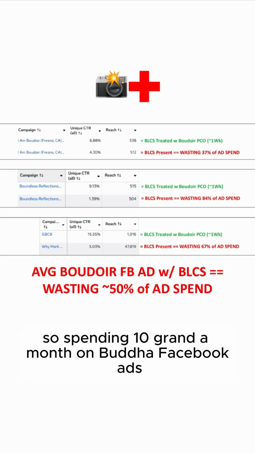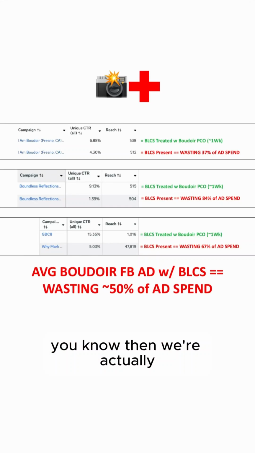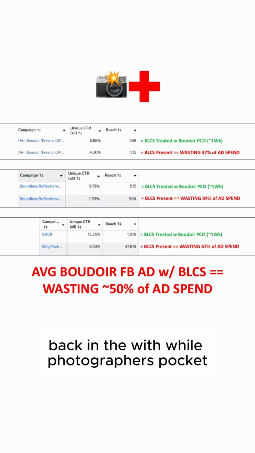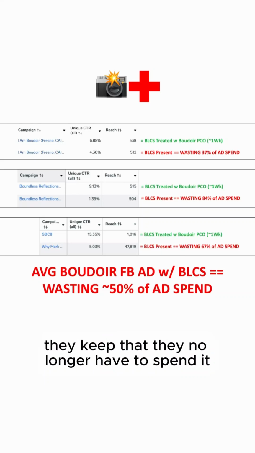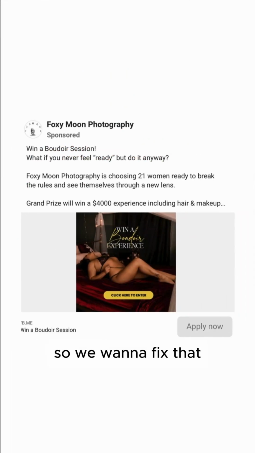So spending 10 grand a month on Boudoir Facebook ads, then we're actually eliminating approximately 5K every single month back in the Boudoir photographer's pocket. They keep that, they no longer have to spend it. And it's approximately 60K in the next year. So we want to fix that.